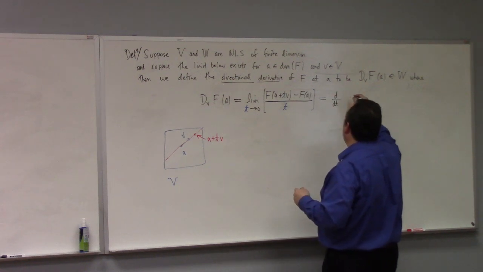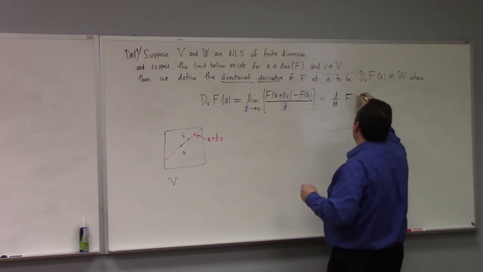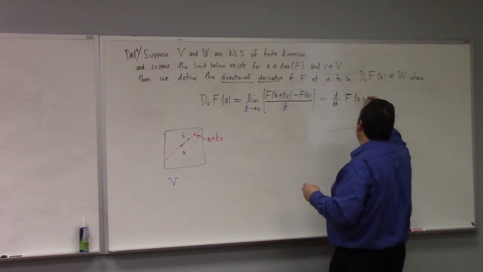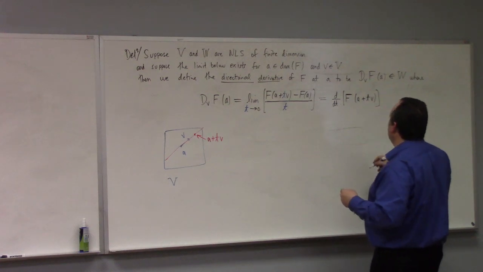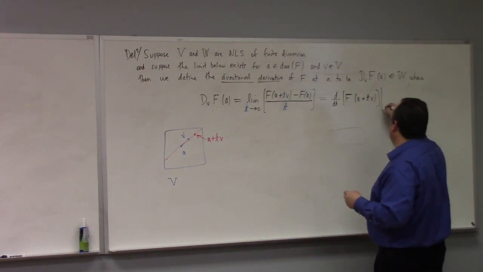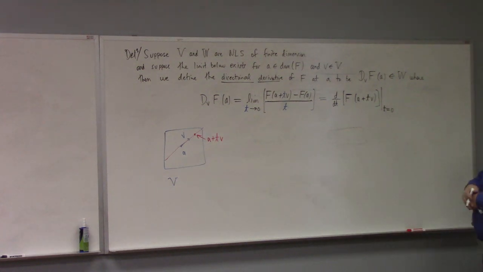I guess this begs the question, do you know how to differentiate something like this, right? But supposing that you figured that out. If you did A plus tV, take the derivative of that with respect to time, and then evaluate at t equals 0, that would be this directional derivative.